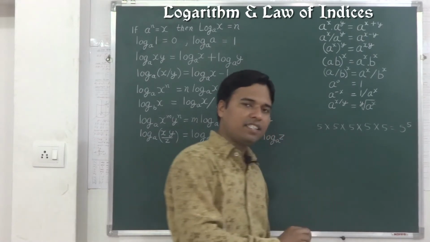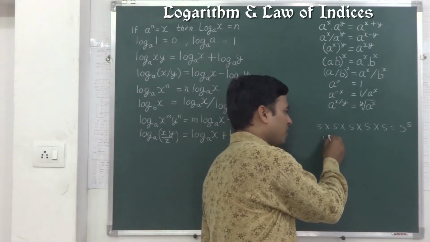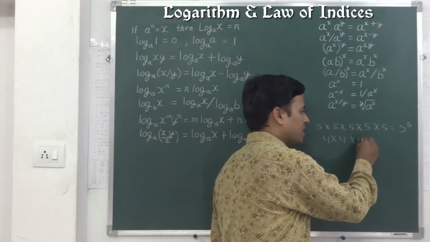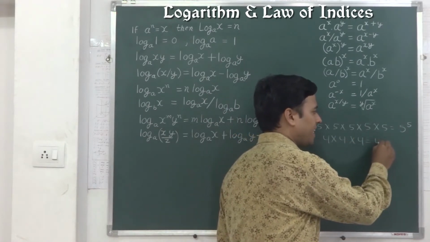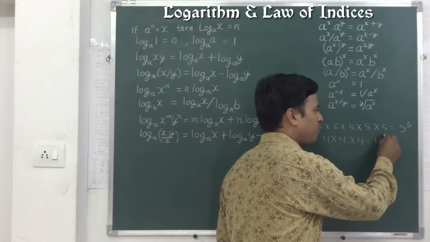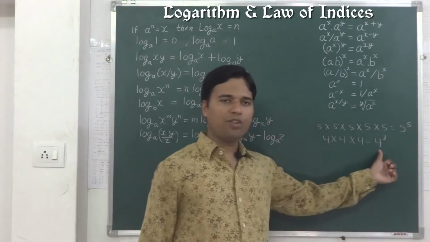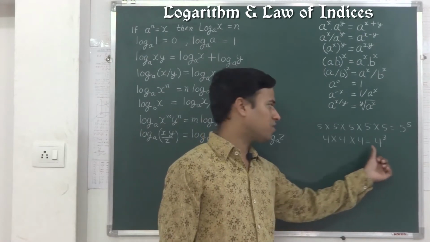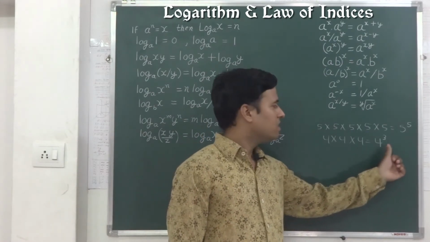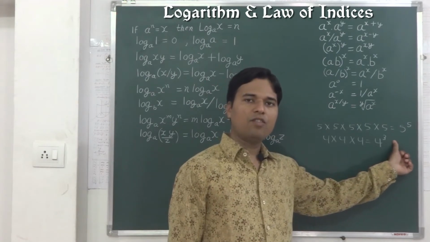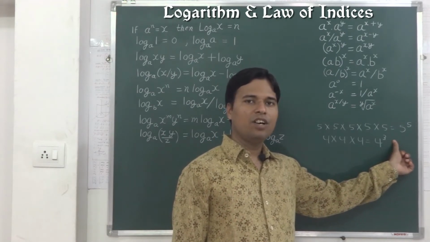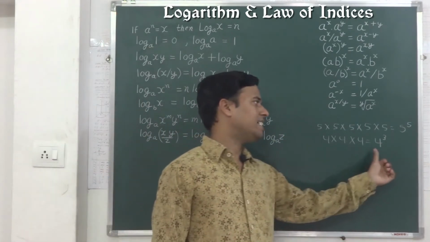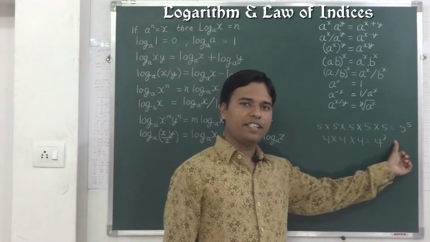If you want to write 4 multiplied with itself 3 times, then you can write it as 4 power 3. The number 4 which is multiplied with itself is called the base here. The 3 is the power or index here. You can also say that 3 is the exponent.